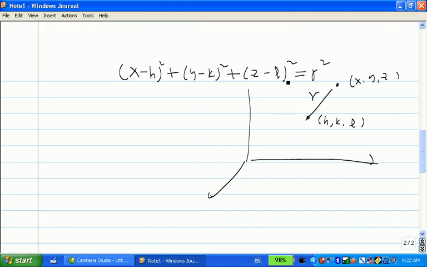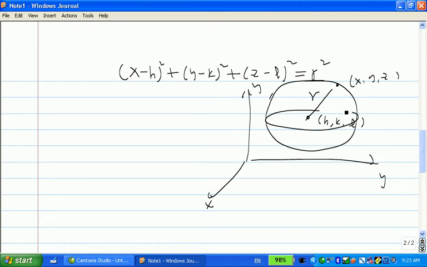Because this is a distance formula, then you square that. All the points x, y, z in the space satisfy this equation. In other words, all the points x, y, z whose distance to the given point h, k, l is r, obviously they form a sphere.